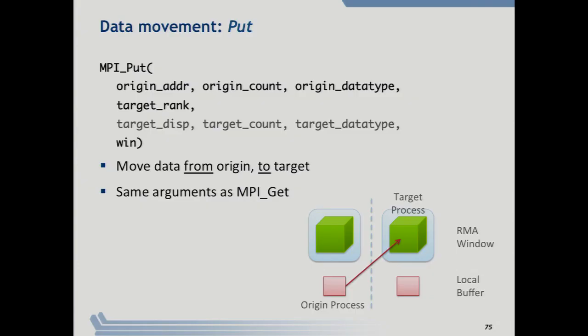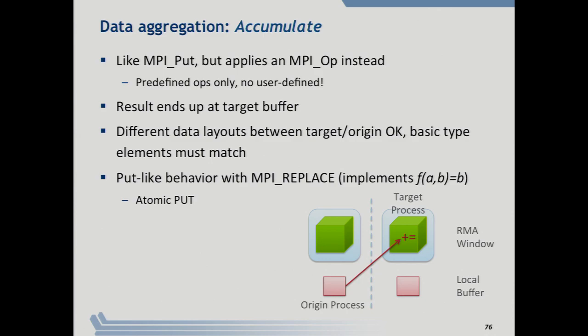Put is basically exactly the same thing, except data moves in the other direction. So data moves from here to here, but the arguments are exactly the same. Okay. Accumulate is almost the same, except there's one other argument, which is an MPI op.